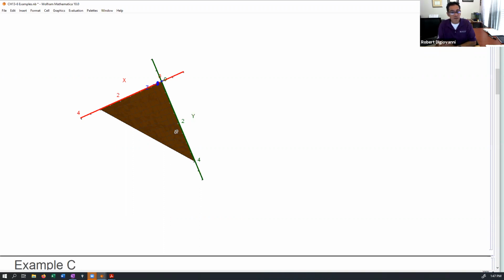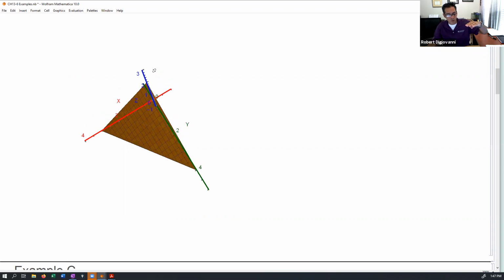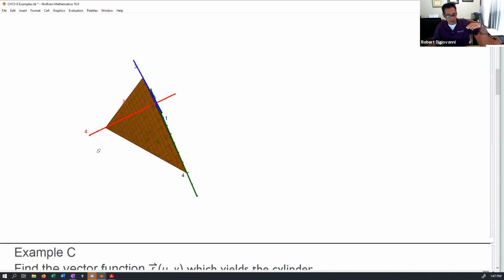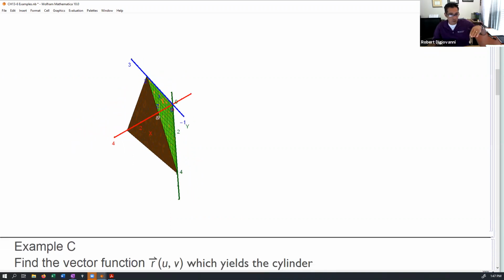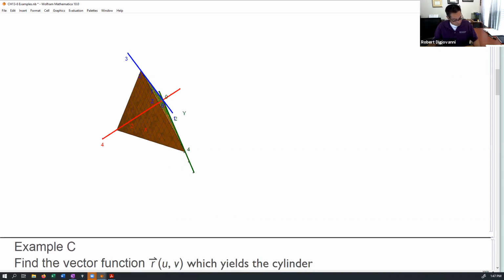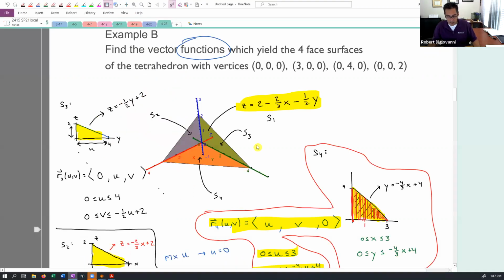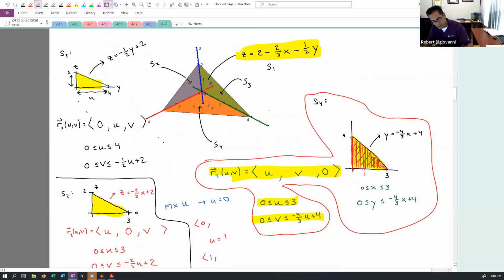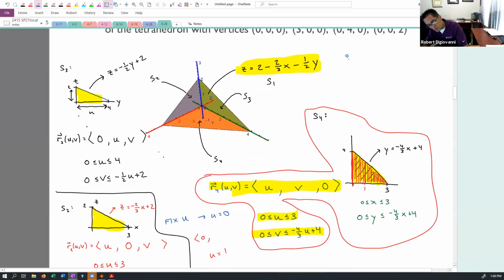The only difference is that now we have a vertical component to the surface, a z, right? That z is the up and down. So when I go to put my S1 together over here, I already know that that vector function must look exactly like this one right here.